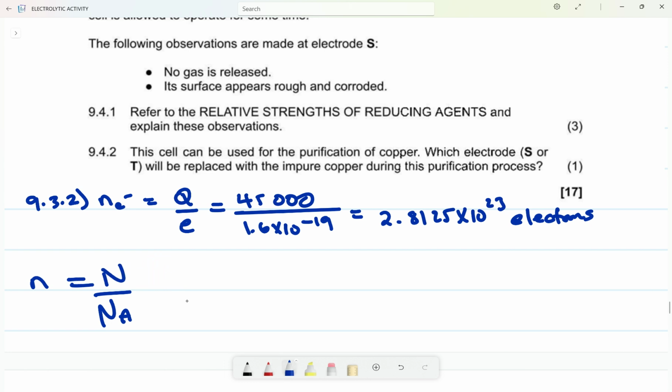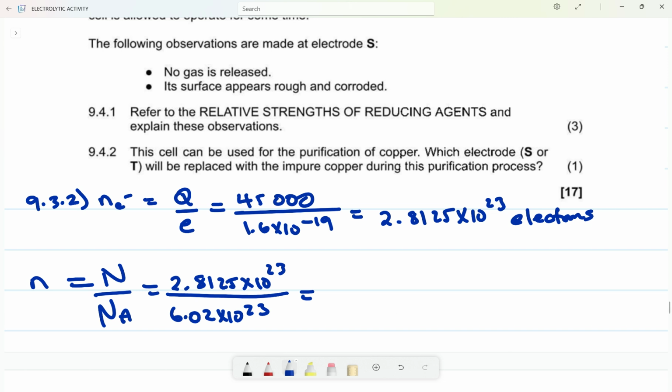So I'm going to say the number of moles of electrons is going to be 2.8125 times 10 to the power of 23, all divided by Avogadro's constant. We know that to be something like 6.02 times 10 to the power of 23.